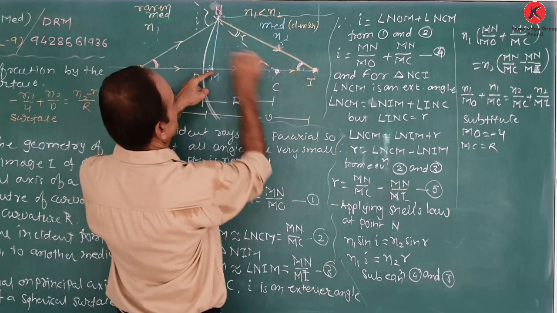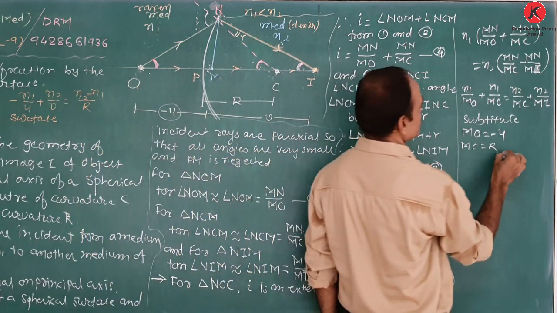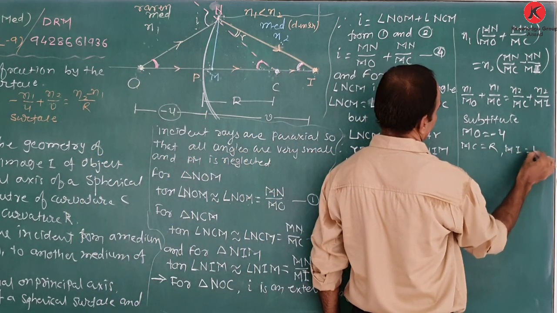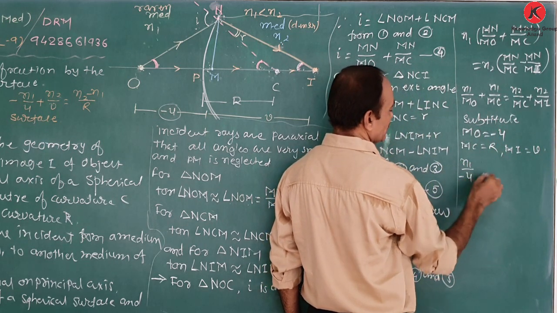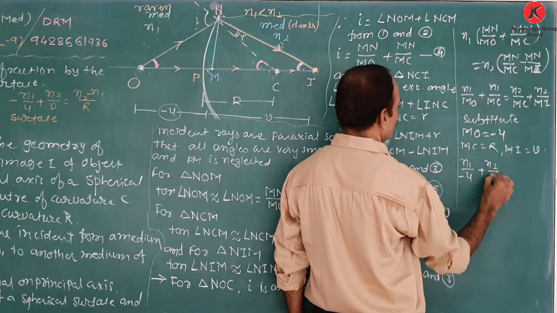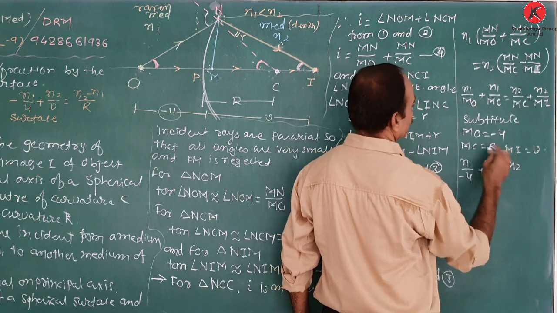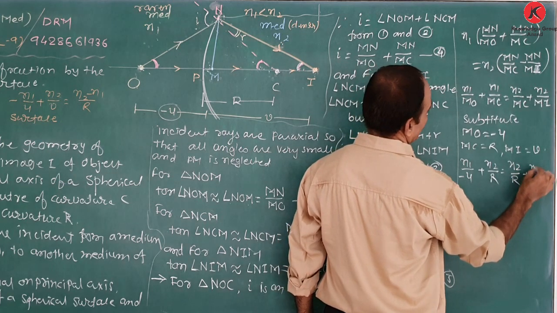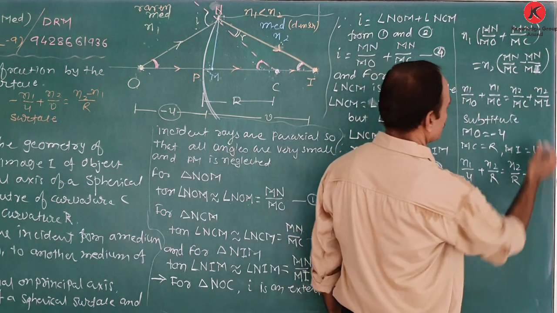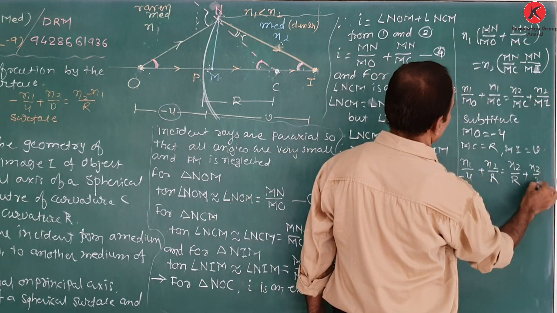MI is also measured in the same direction as the incident ray, the image distance, so it shows positive. Therefore, we obtain n1 upon minus u plus n1 upon R is equal to n2 upon R minus n2 upon MI.